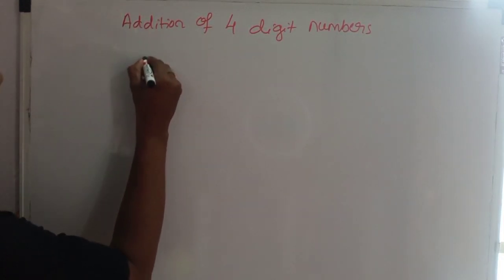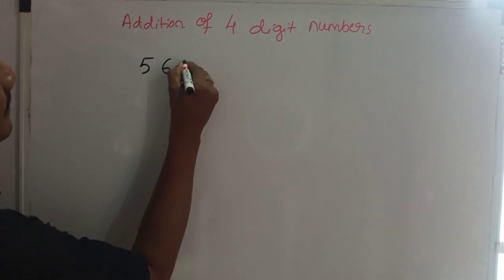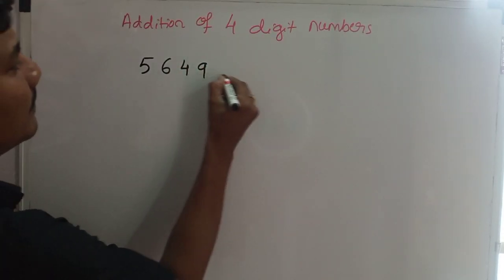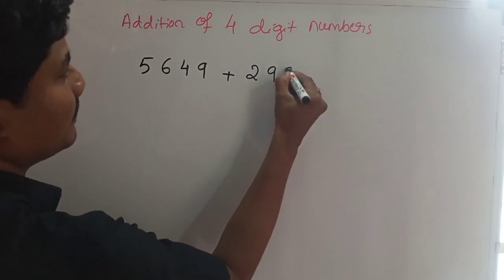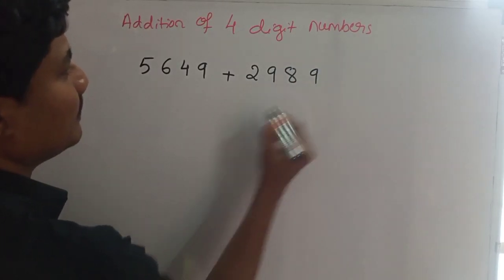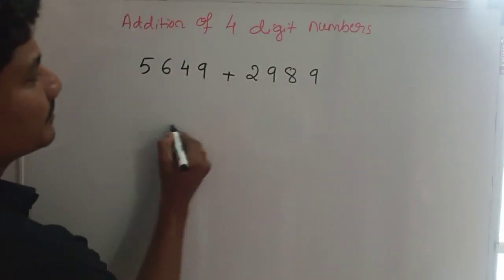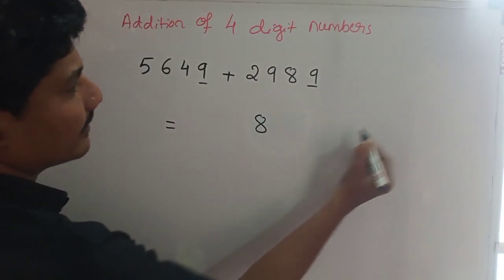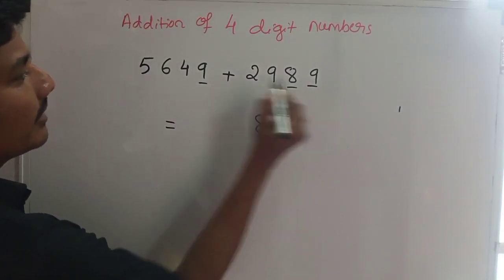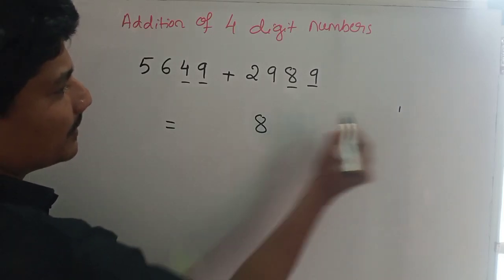We are taking the next set of numbers. 5,649 plus 2,989. I'm taking the numbers randomly here. 9 plus 9 18. Carry 1. 8 plus 4 12 plus 1 13.